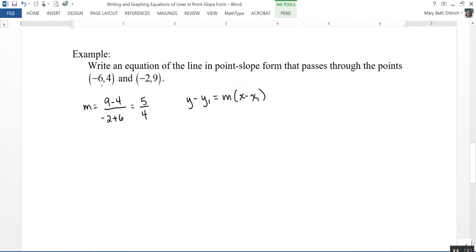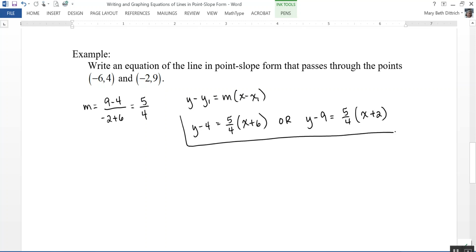So using my first point, I can do y minus 4 equals the slope times x minus a -6, or x plus 6, or using my second point, y minus y1, which is 5, equals the slope times x minus a -2. So either one of those is a possible answer.